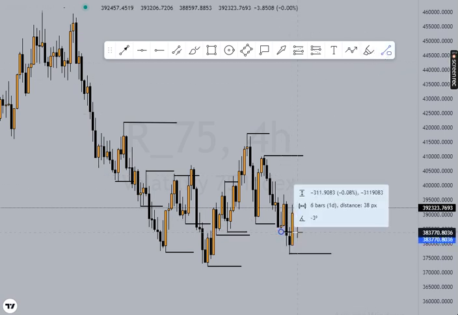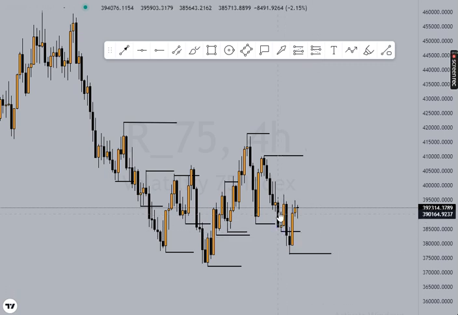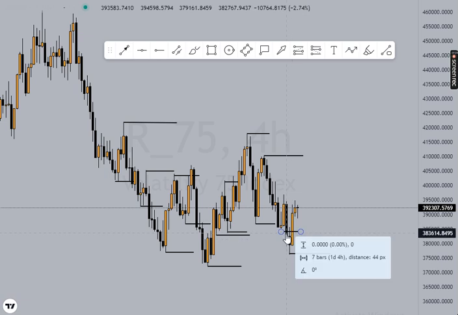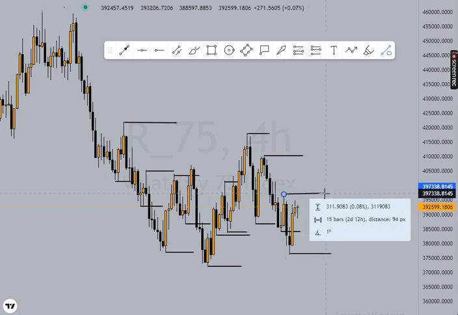Sorry, I didn't see this one here. Okay, so that level, what caused that? This whole bullish bearish move here. Then now it's coming back. What caused this break of structure here was this candle here.